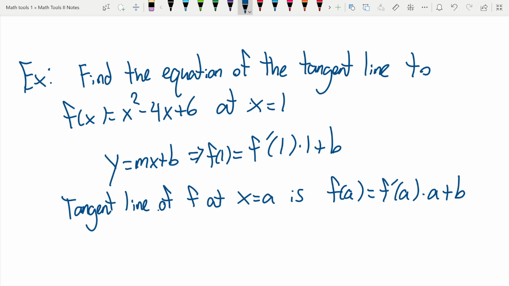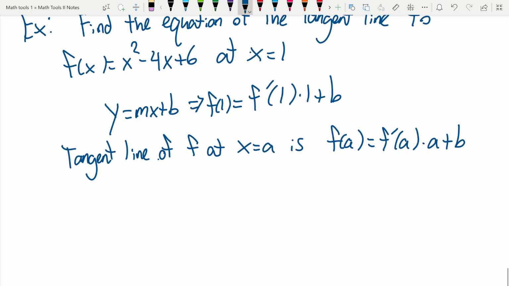So usually if you have the function, you can find f of a, f prime of a, and then you can solve for b. Right? So let's go ahead and do that for this one. So first we'll need, we could look at different things first. We can do f of 1 first, for example.